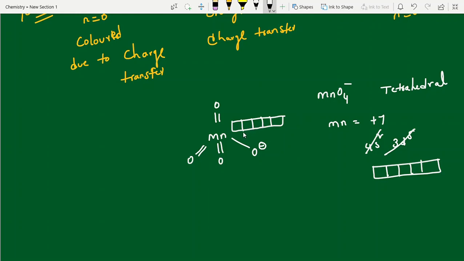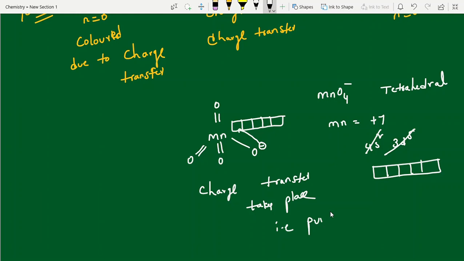The oxygen with negative charge is ready to give electrons, electron rich, while the metal is electron deficient. Like he is giving electrons, charge transfer. Because of this charge transfer, it shows color. That is why it is purple color.